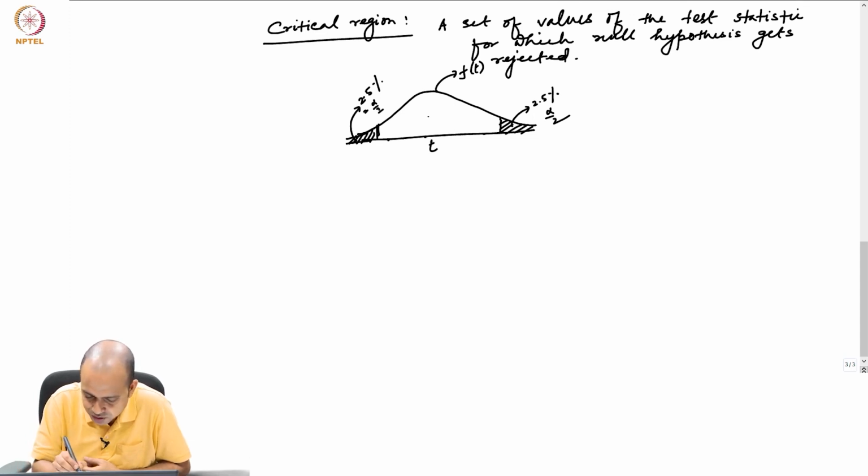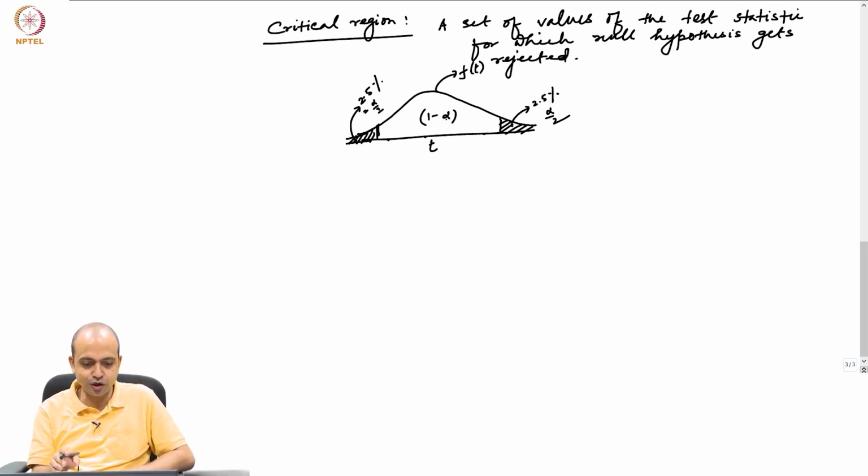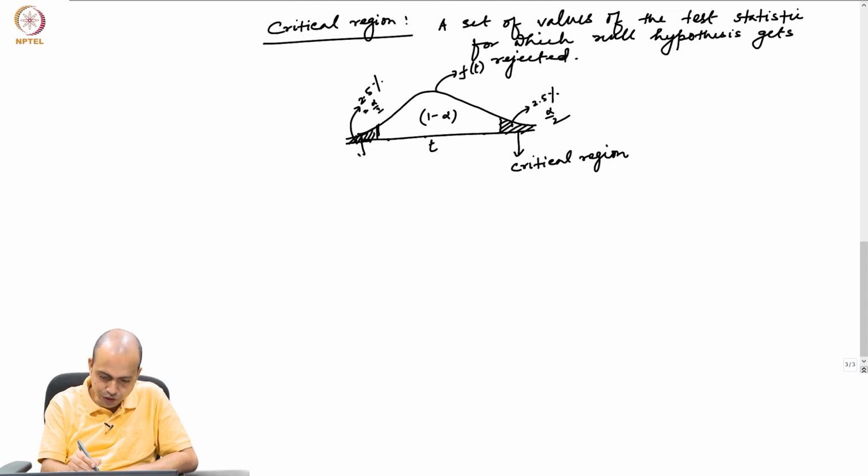So, this middle region is basically 1 minus alpha. A set of values of T for which the null hypothesis gets rejected is called the critical region, and these two tails are the critical region.